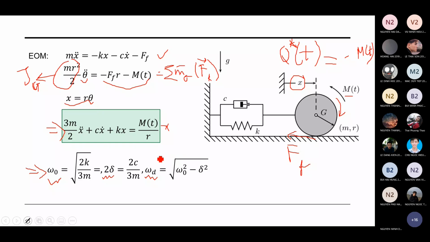When you use another source of reference, you do not use the delta here. You use something like, I don't remember the name of this letter, but this one we don't use. For modern technology now, we use the damping ratio delta, not this one.